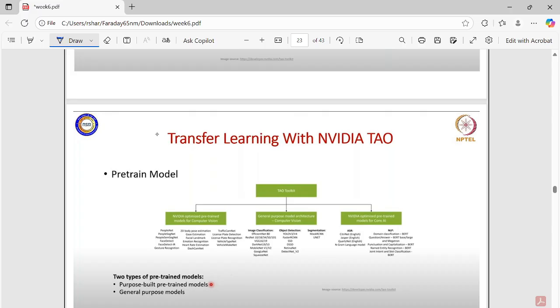Next we use the TAO toolkit command line interface, CLI, or the GUI to adapt and fine-tune the pre-trained model to our own custom dataset, and then train the model using our dataset, and then optimize the model if required, such as pruning or quantization. This is then used to deploy the model on NVIDIA GPUs or edge devices.